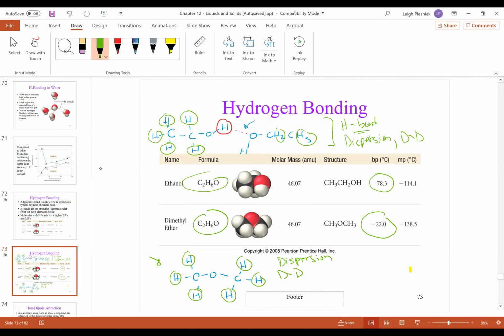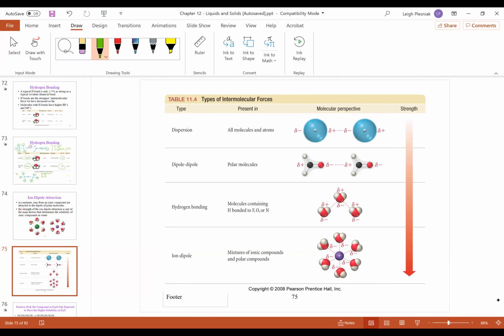When you get into the homework, I think it will be helpful. Let me see what else I have. This is the slide. For some reason, I think this is the only book I've ever taught in where they arrange the intermolecular forces from weakest to strongest. And so my brain, after 33 decades of teaching, can't flip it. So I always do the strongest first.